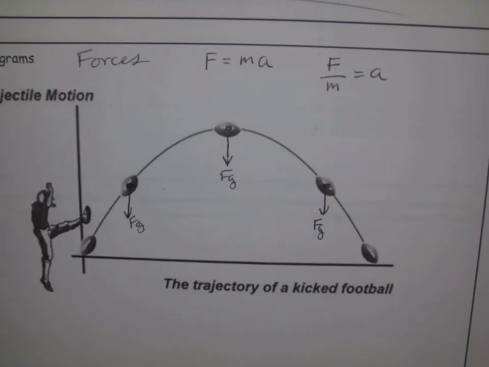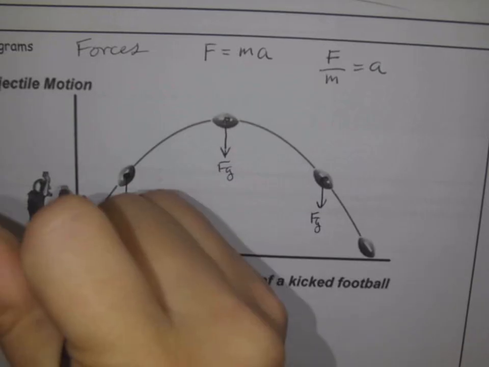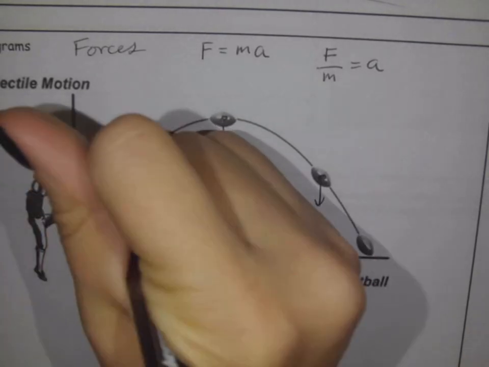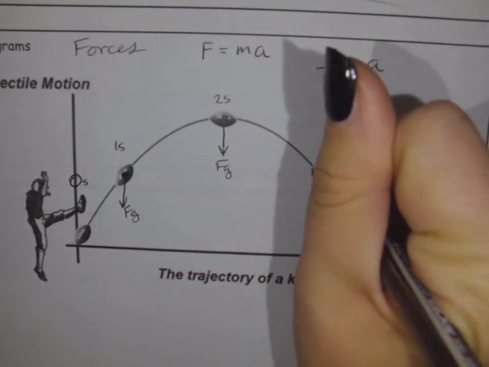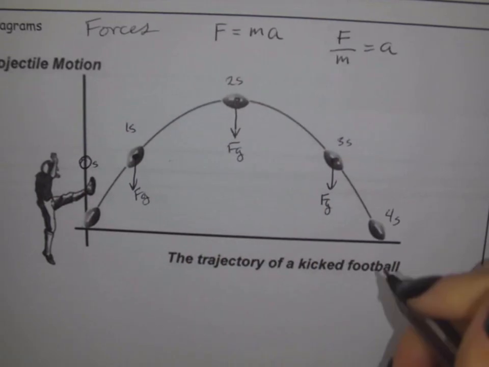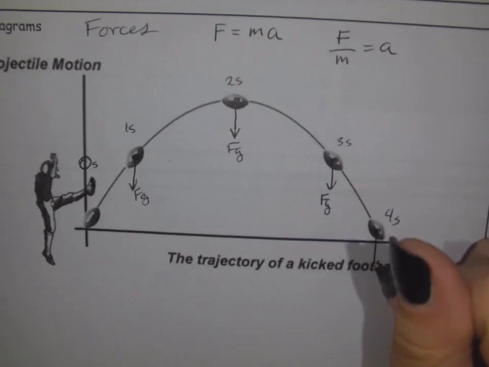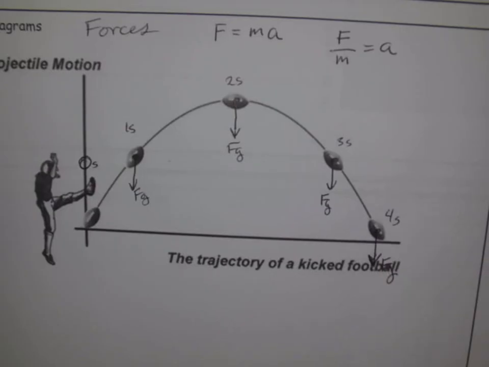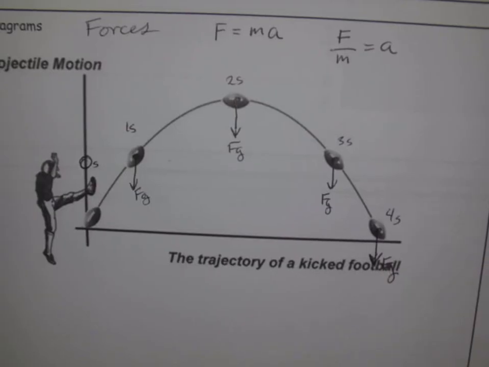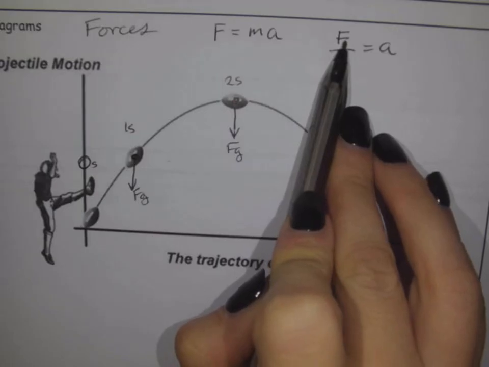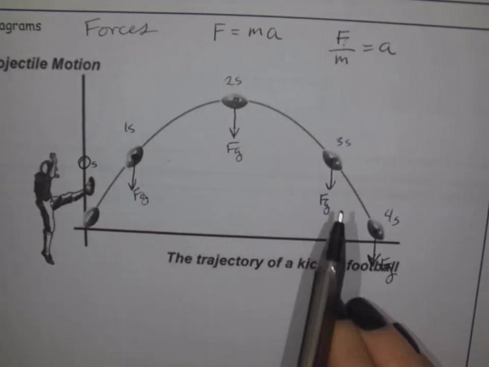And so notice something. I'm going to call this time 0, 0 seconds. Let's call this 1 second, 2 seconds, 3 seconds, and 4 seconds, and let's say even 4 seconds was moments before it hit the ground. Notice that the force is exactly the same from 1, 2, 3, and 4 seconds.